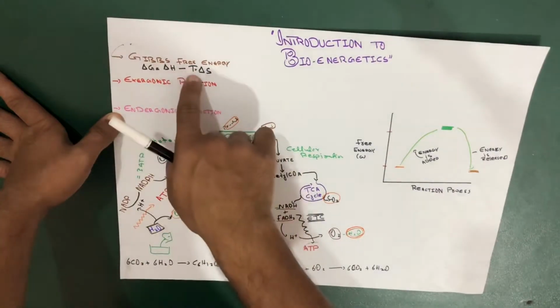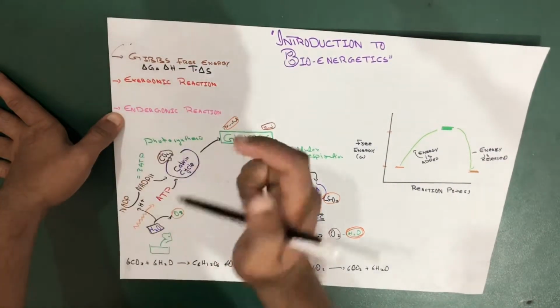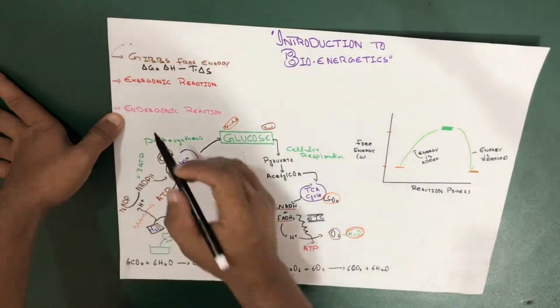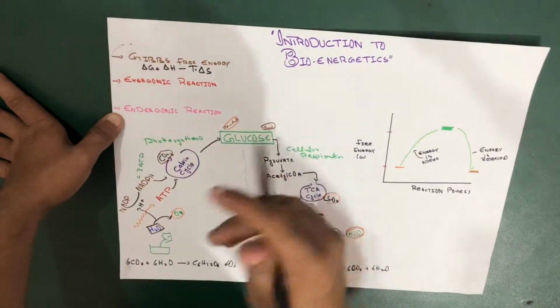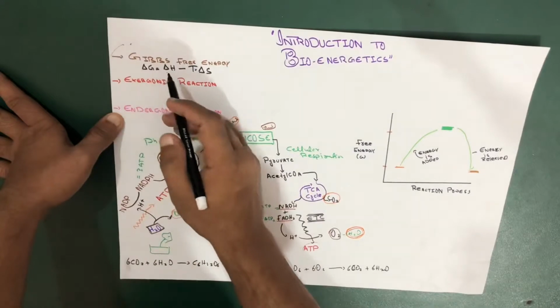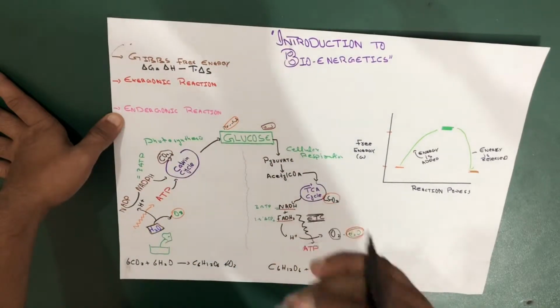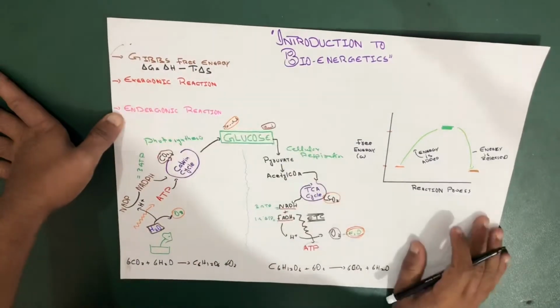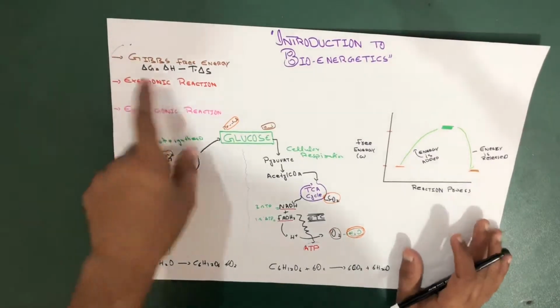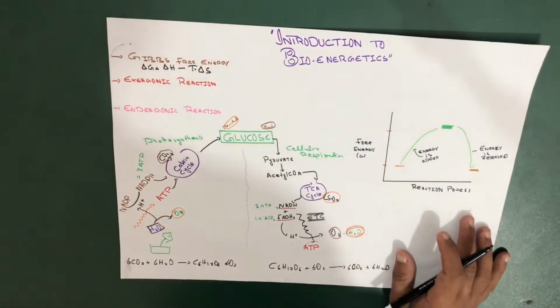Product means multiply. Remember, this is the absolute temperature. So it's very simple to define: a thermodynamic quantity equal to the enthalpy of a system or process minus the product of entropy and the absolute temperature. This is how you define the Gibbs free energy.